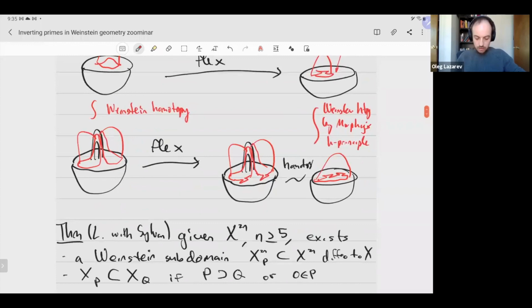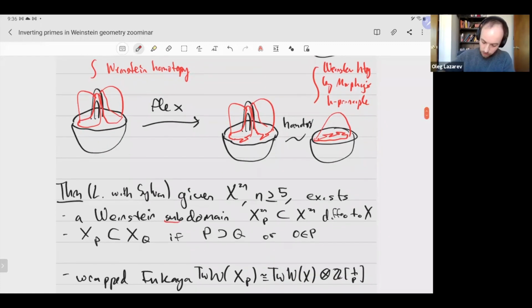The first result I want to talk about is joint work with Zach Sullivan, and this is extending this result of Abouzaid and Seidel. We showed that given a Weinstein domain X of dimension at least 10, there exists a Weinstein subdomain X sub P inside X, which is diffeomorphic to X, with the property that it localizes invariantly.